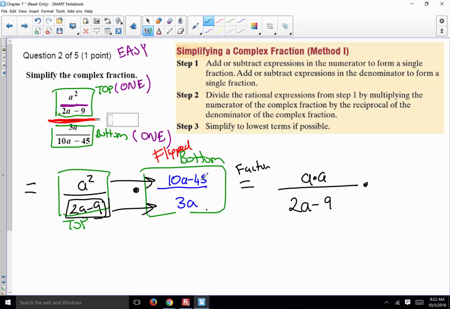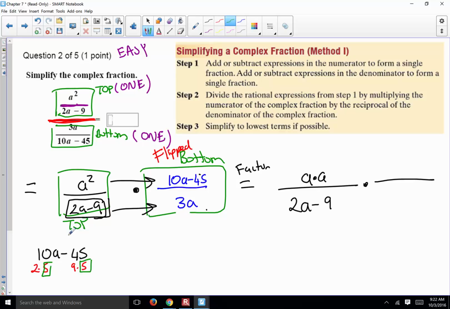How about 10a minus 45? Yep. 10a minus 45. 10 has factors 2 and 5. 45 has factors 9 and 5. Actually 9 is 3 and 3. You can break it as 3 and 3, but I won't, because it's not common. 3 is not common in the first one, only 5s.